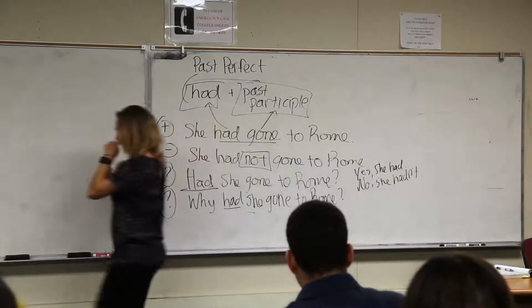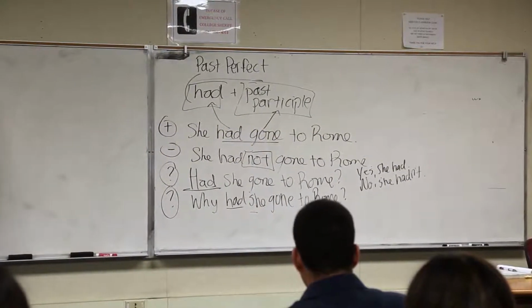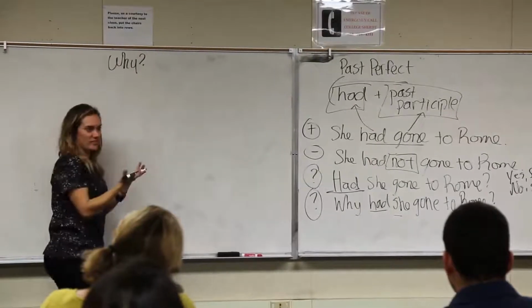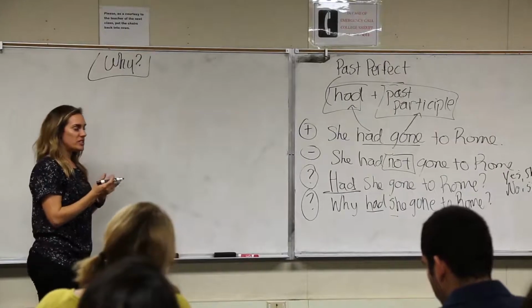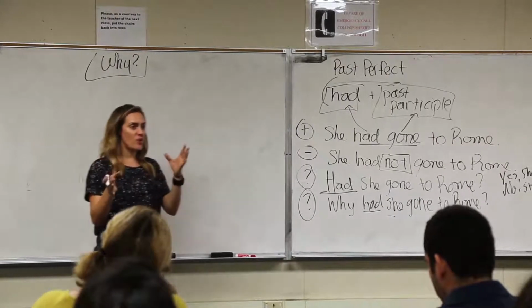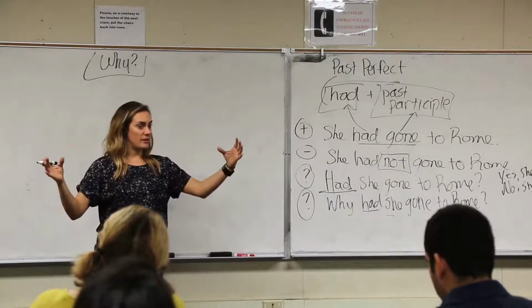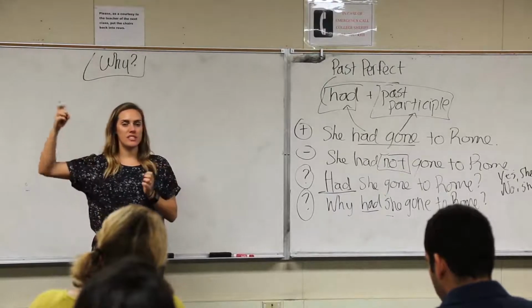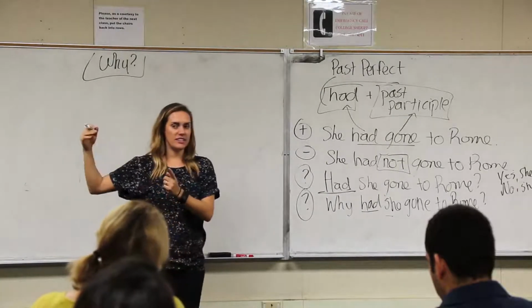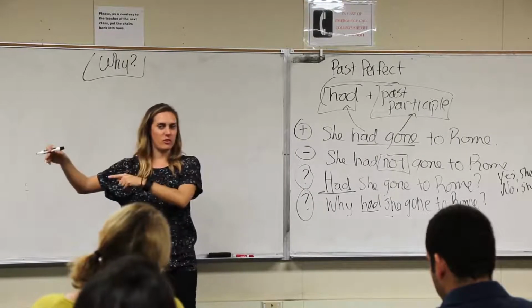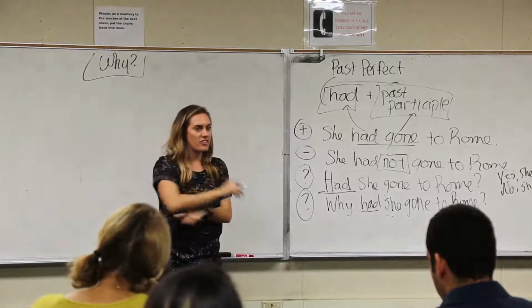Okay? So when do we use it? Why do we use it? We use it to show different times, right? We want to show something happened in the past. But did it happen before this thing or after that thing?